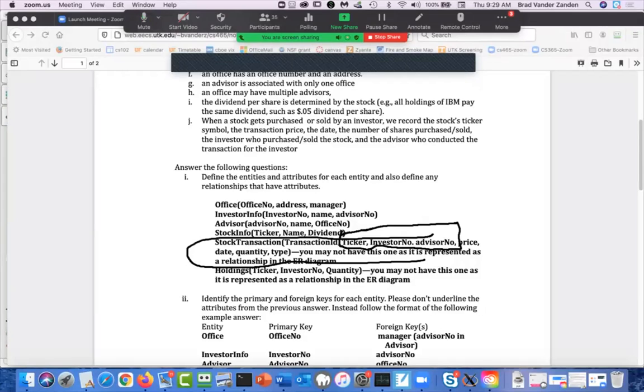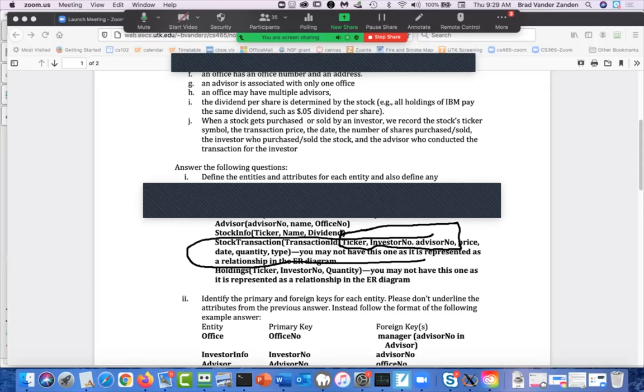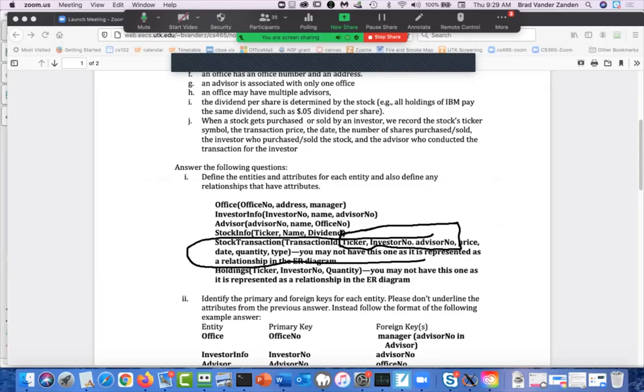And sometimes you can gain clarity by looking at one or the other, and that will allow you to refine the other one. So here you probably see that you put all this information into a stock transaction, and since you have three foreign keys, it's strongly indicative of the fact that it's probably a relationship.